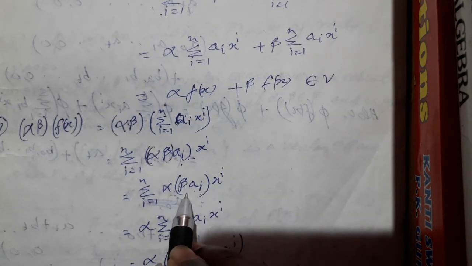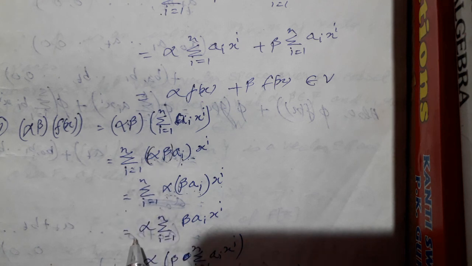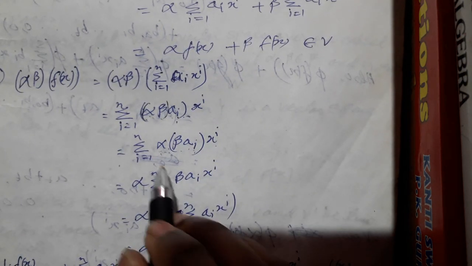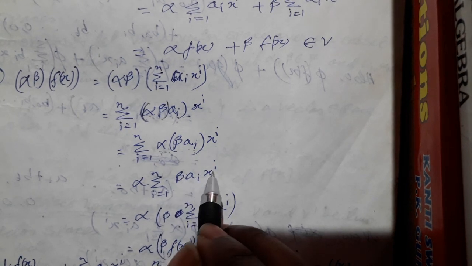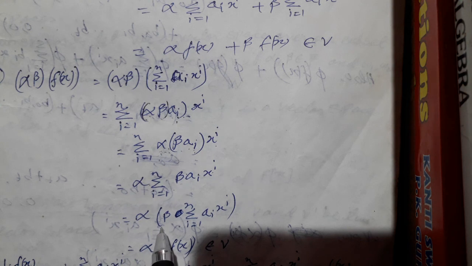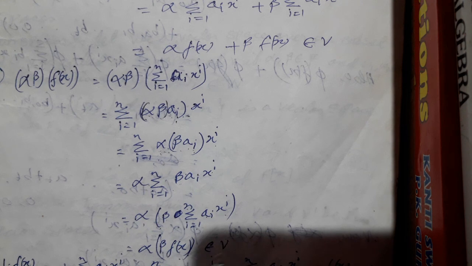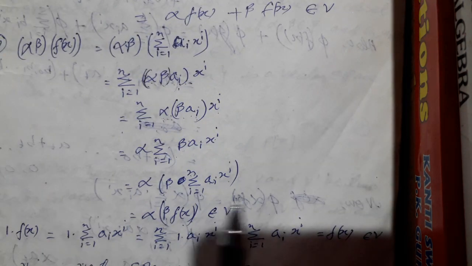So we get alpha (beta a_i) x^i, and alpha doesn't depend on the summation, so it can come out of the summation. We get summation i equal to 1 to n beta a_i x^i, and beta also doesn't depend on the summation, so it will come out. So we get beta summation i equal to 1 to n a_i x^i. So we have here alpha, this is beta, this is nothing but f(x). So alpha (beta f(x)), and this belongs to V. So we have shown the third condition.